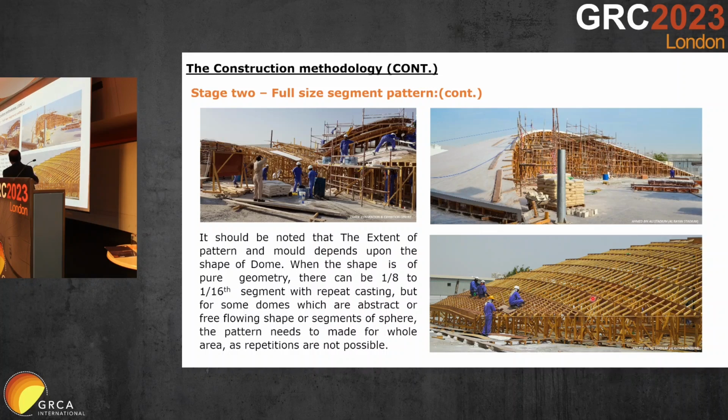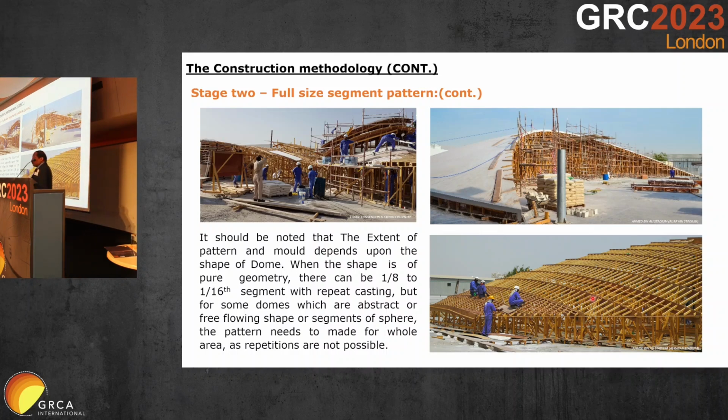Those dunes, you can see the size now. It looks small, but this is the size of the patterns required to be made. Because of the shape of this dune, it's nothing regular like the other domes of the mosque. With a regular shape, you just do 1/8 or 1/16 of the segment, and then you can take the 16 casts.